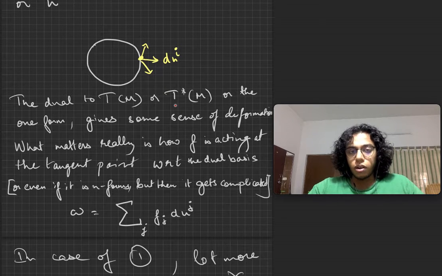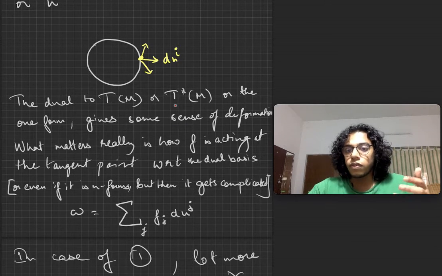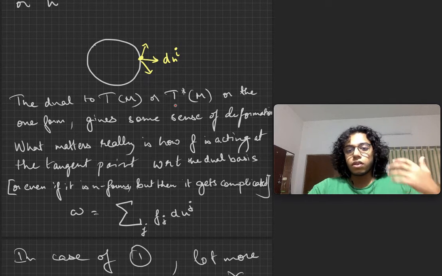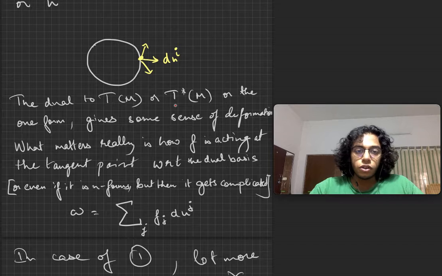There is a lot of semantic difference between a dual and an inverse, and they are not the same, but the idea is somewhat similar. There is some process happening, and some sort of reversal of that process happening in some way. So that is what a dual essentially means.